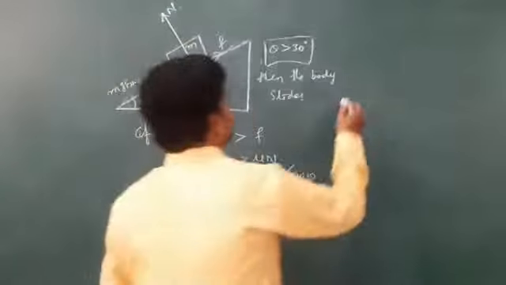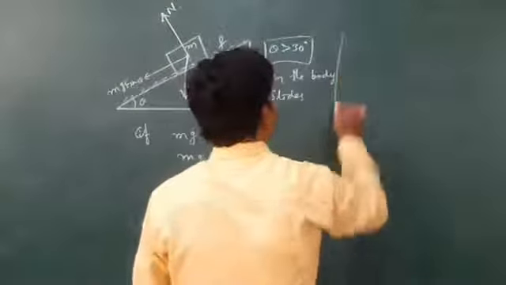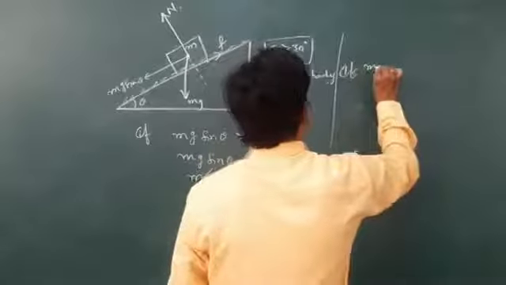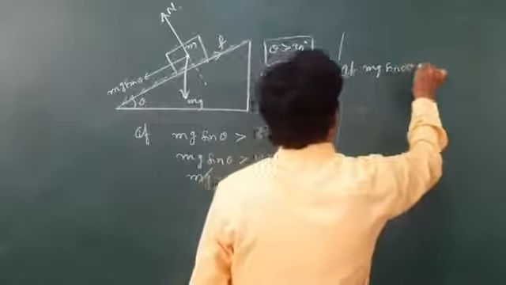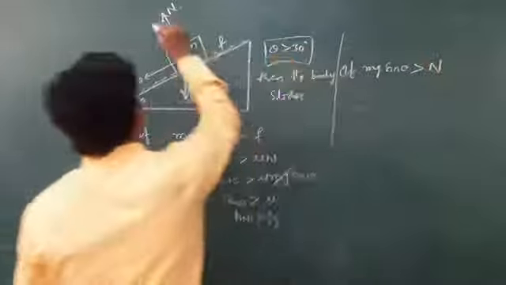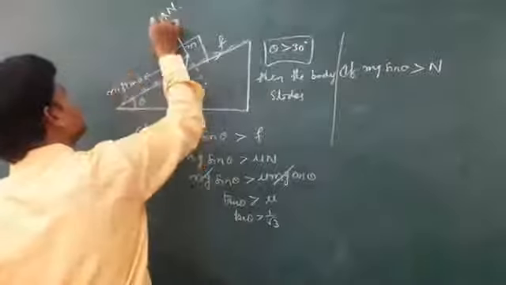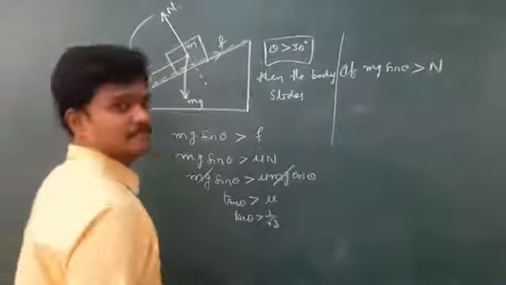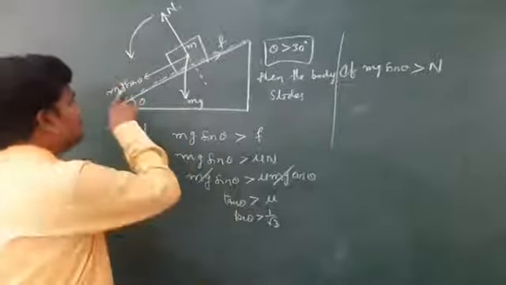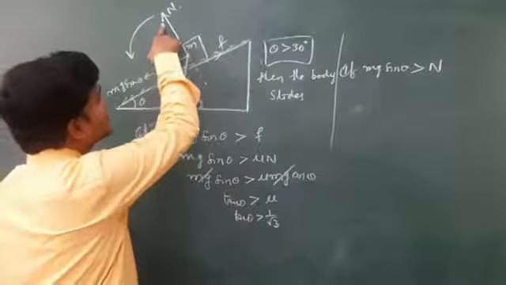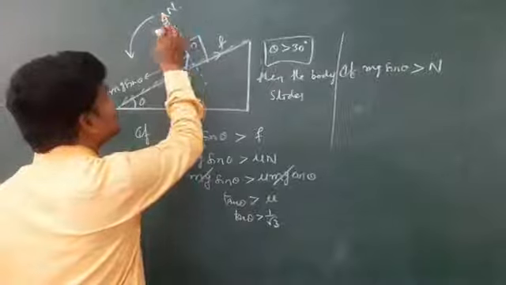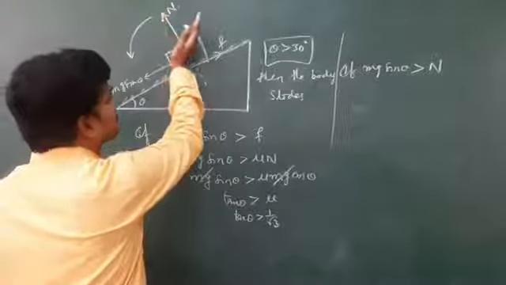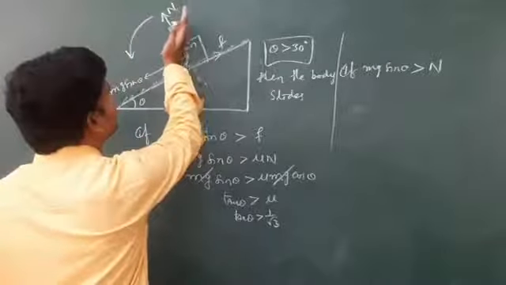Now let us decide the toppling. If mg sin theta is greater than the normal reaction force, then due to this one the body is ready to topple about this point.